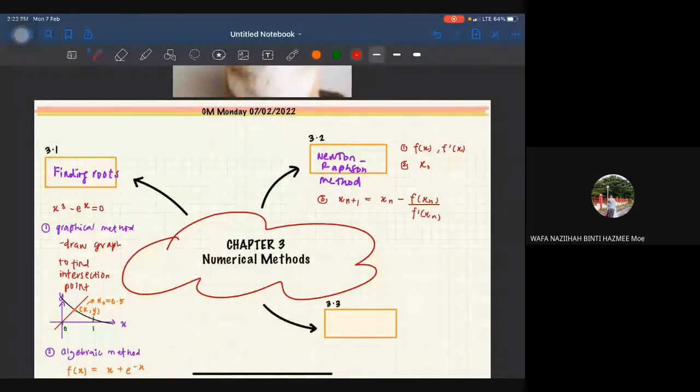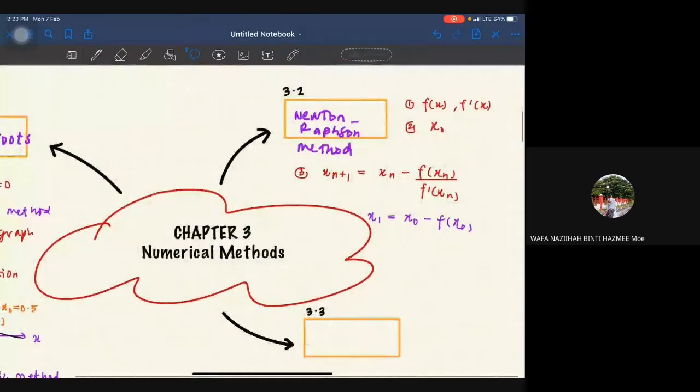Okay, so yang ini dia akan follow sahaja. Maksudnya, kalau dekat sini first tadi awak cari x1, so dia akan jadi x0 minus f of x0. Tak muat pula, sorry guys. Pergi bawah sikit, susahkan sikit.